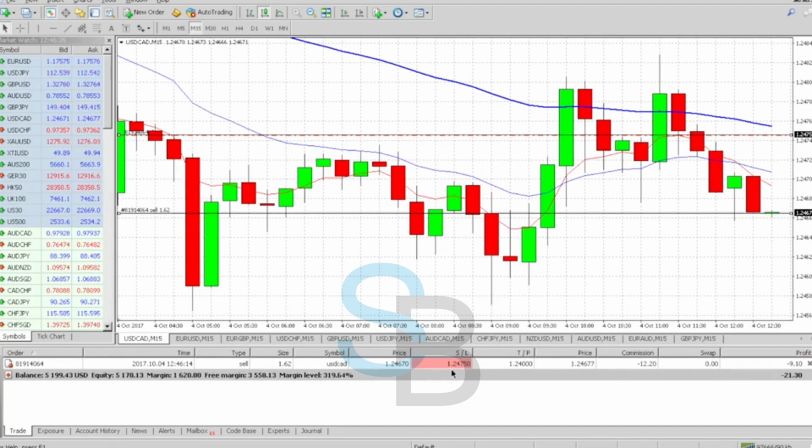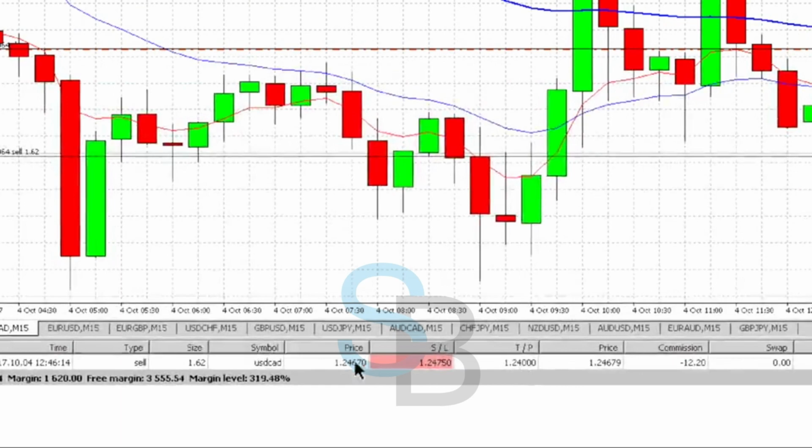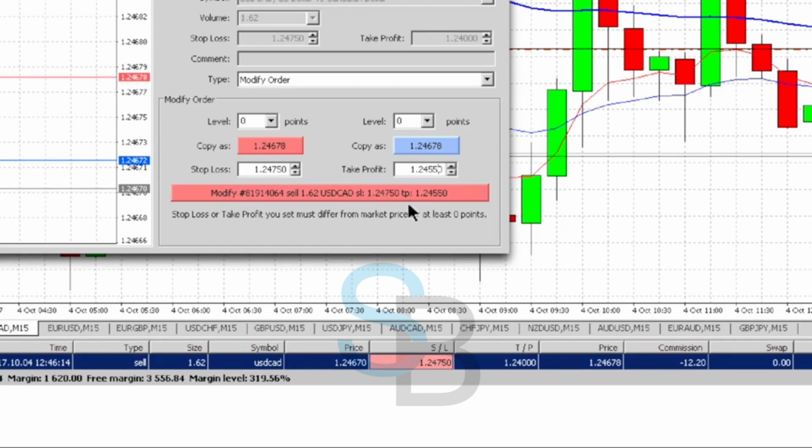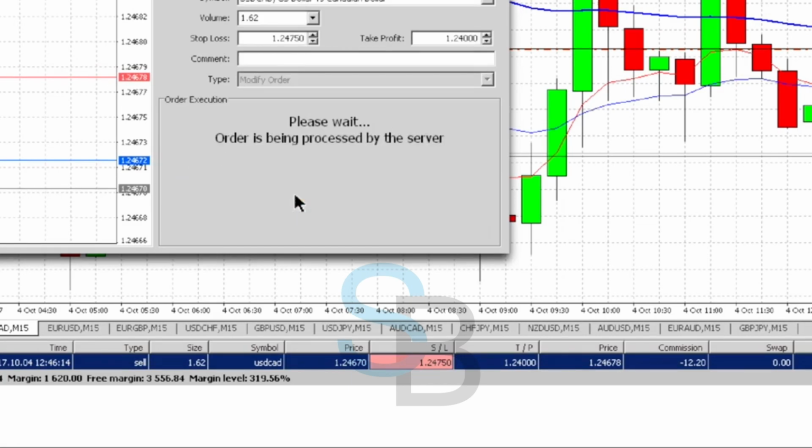Okay, so I'm going to set it. So my entry is 2467 minus 12. So target price would be 2455. There we go. So I'm going to modify this order to 2455.